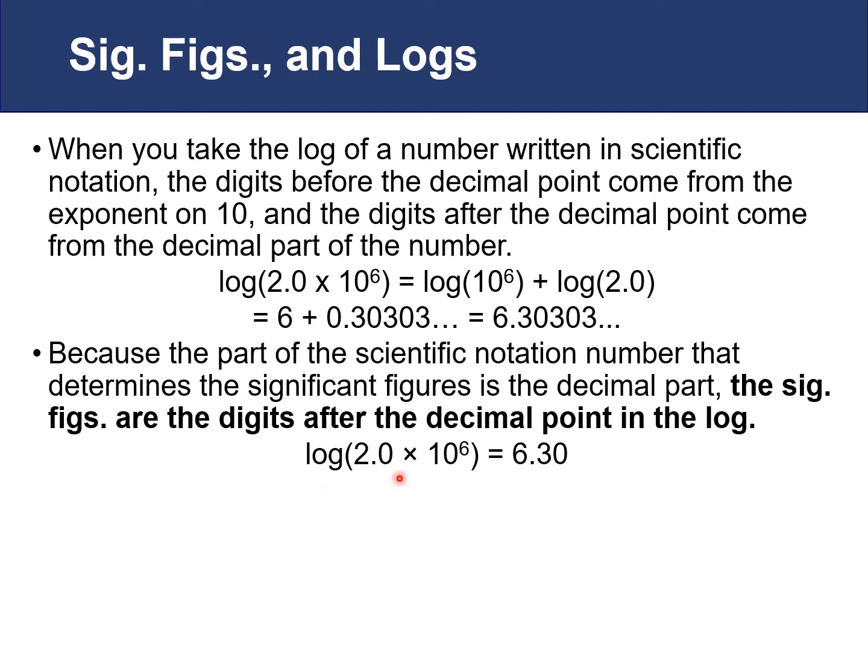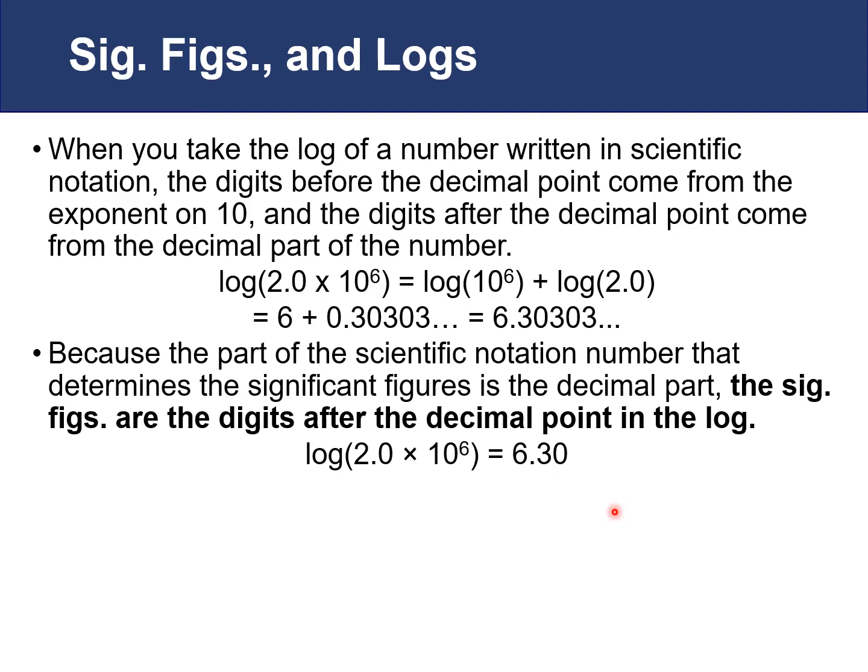Essentially, the number of values in the first part of your scientific notation is the number of decimal places after your dot, right? So the number of values here is the number of decimal points after your ones place that you have that are significant.